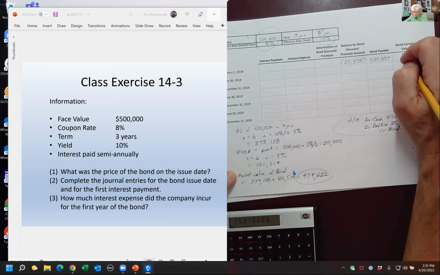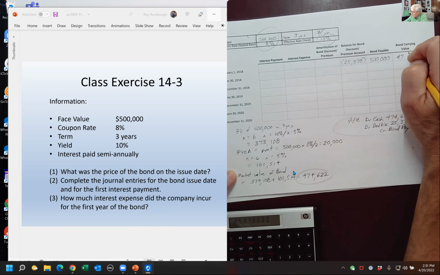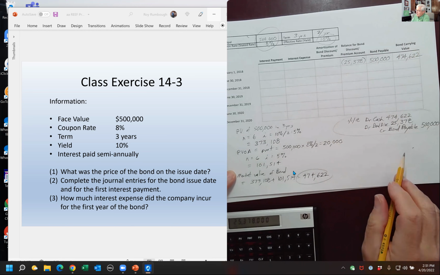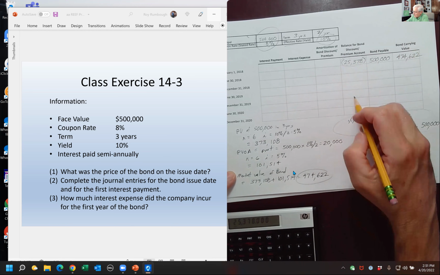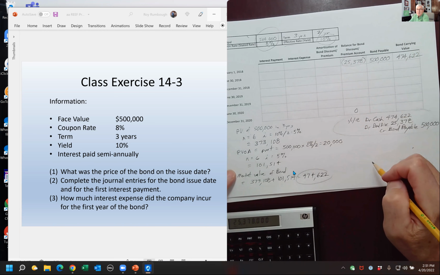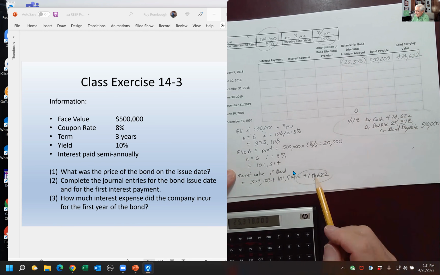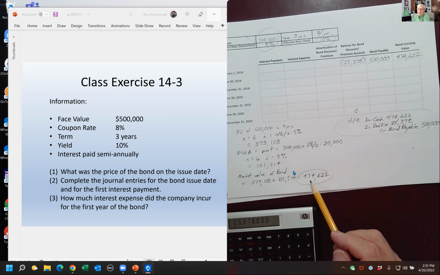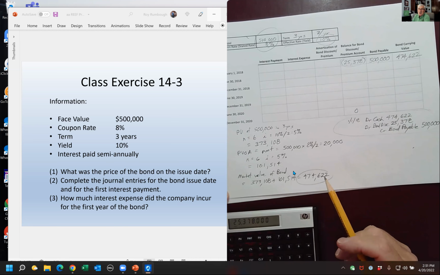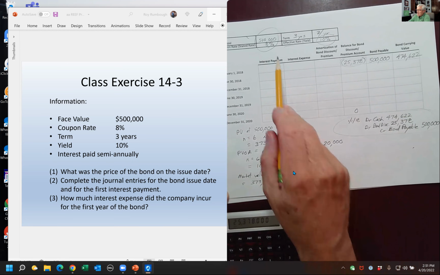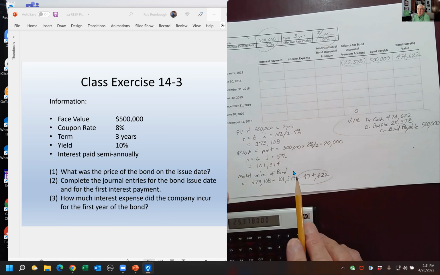And so the carrying amount, at least for this day, is the amount we received, 474,622. So what we've got to do is amortize this down to 0. And this time we're going to be adding to interest expense because think about it, the company only received 474,000, but they've got to pay 500,000 later. So there's an extra 26,000 they've got to pay. That's extra interest expense. Why? They're only paying 8% versus the market rate of 10%.